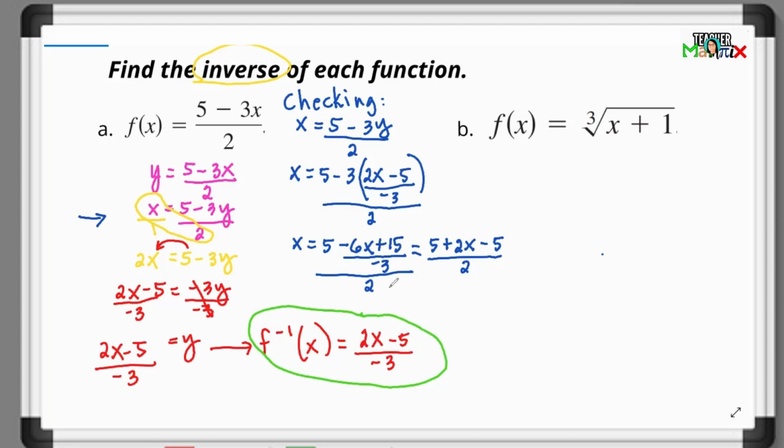Okay. Let's write another x. Okay. 5 plus negative 5 or 5 minus 5. That's cancel or 0. Now, 2 divided by 2.